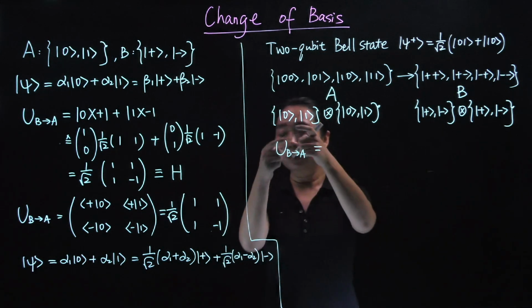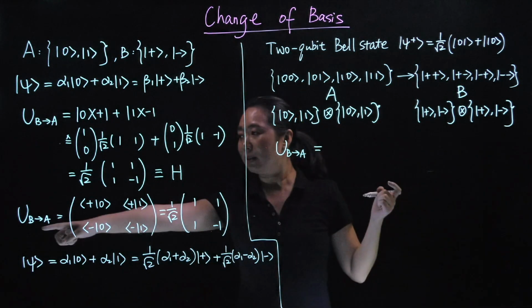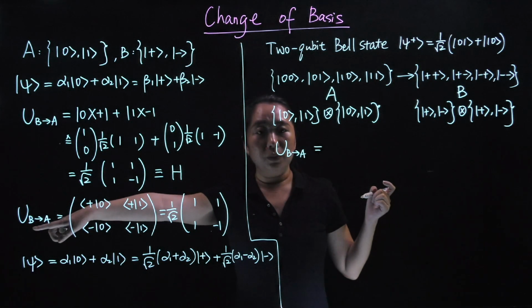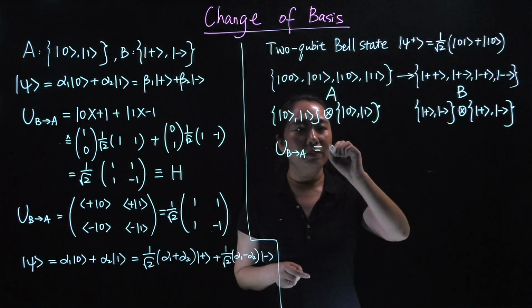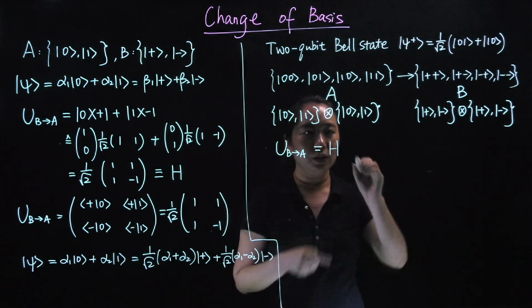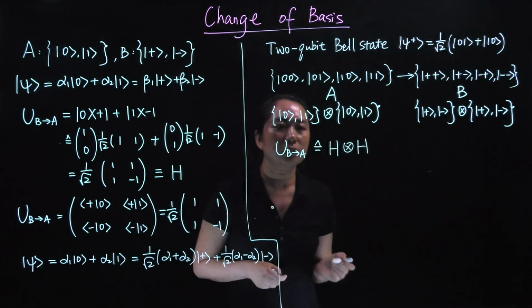We already know that the transformation between the computational basis and the plus minus basis is given by this U operator, which is the Hadamard matrix. So this can be written as the Hadamard matrix tensor the Hadamard matrix.